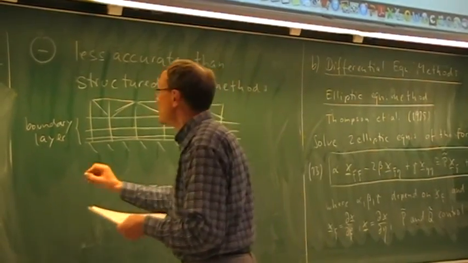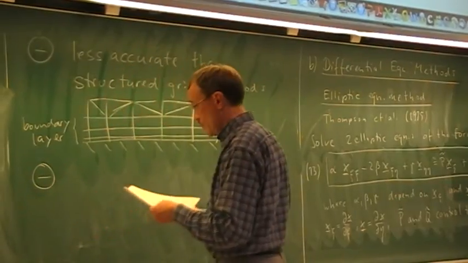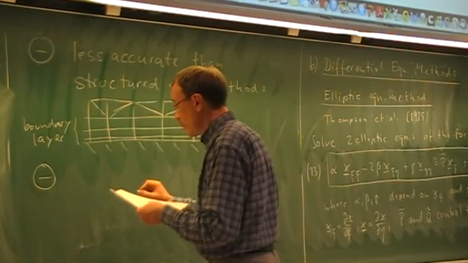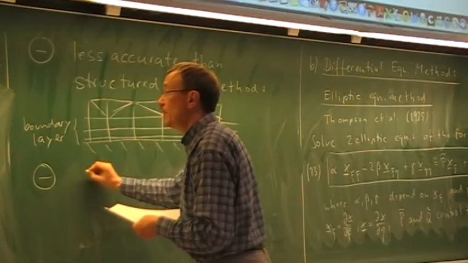Another disadvantage of unstructured grid methods is that they need more memory.